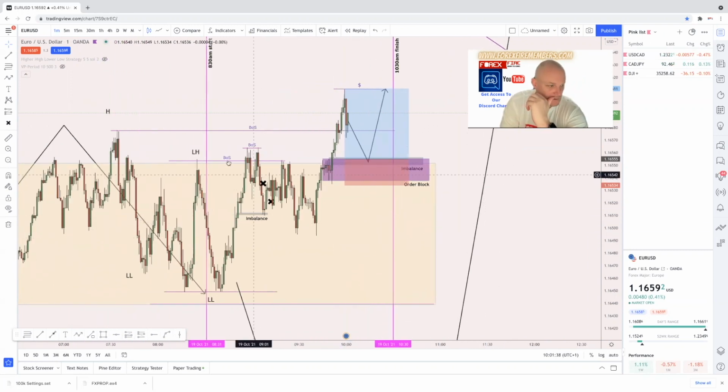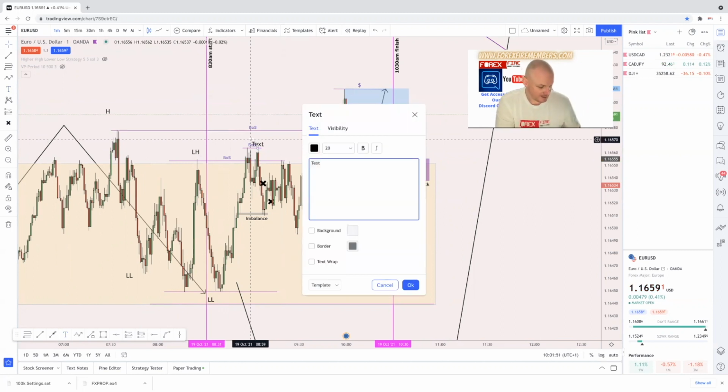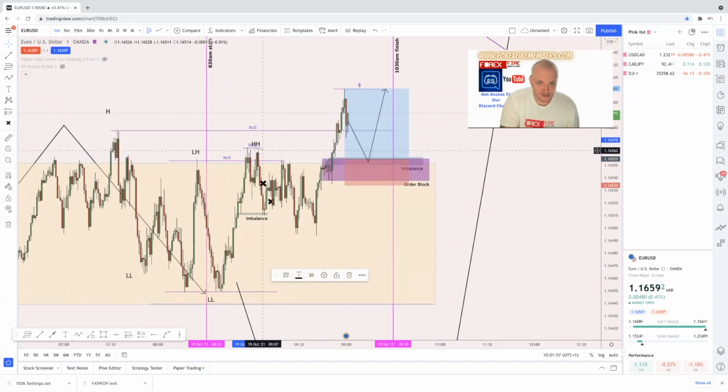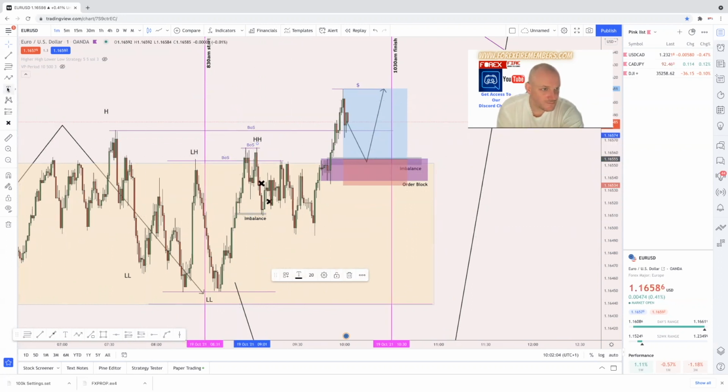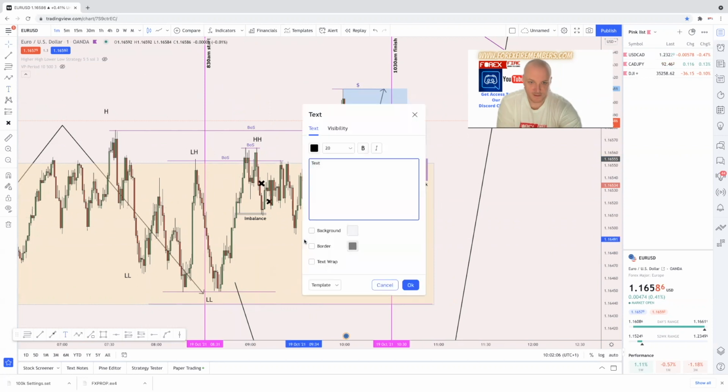Let's have a look. Right, so we've created a high, and this here was a higher low.